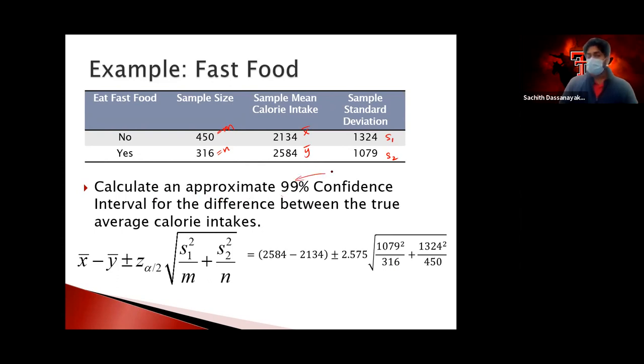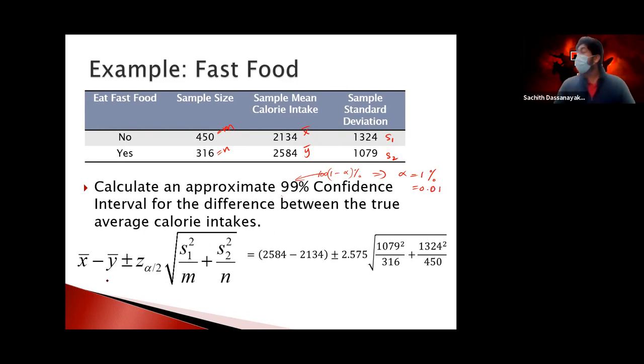This means 100 times 1 minus alpha percent, which means your alpha is 1%, or you can write it 0.01.